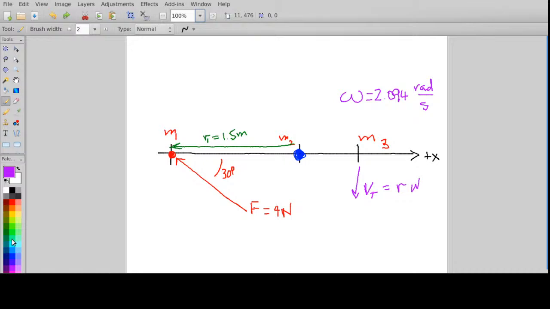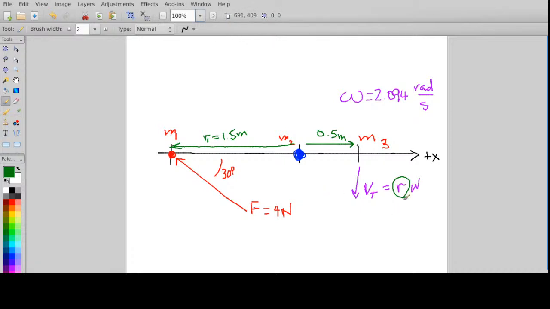And that distance there, let's do it in green, that distance there is 0.5 meters. Okay, so I got to tell you what object we're talking about, because you need the r for the object that we're talking about, or the point, or whatever I'm referring to. Whatever object I'm referring to that I say what's its tangential velocity, I got to give you enough information so that you can figure out what r is.